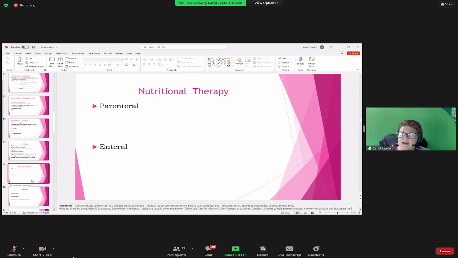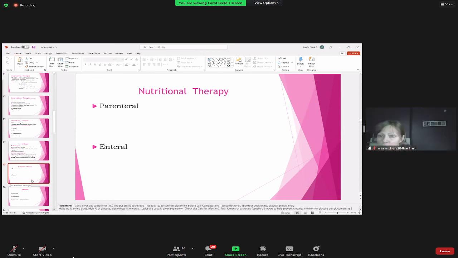Also, full strength. Are you giving full strength tube feeding or half strength? When you're giving full strength tube feeding, it's going into the stomach or into the jejunum, and then into the gut. So it is hyperosmolar. So what is it going to pull into the intestines?